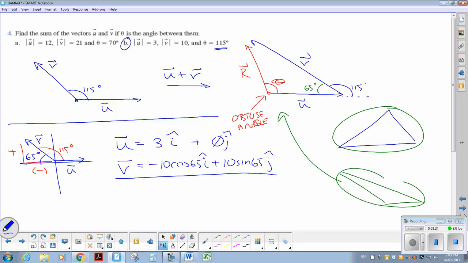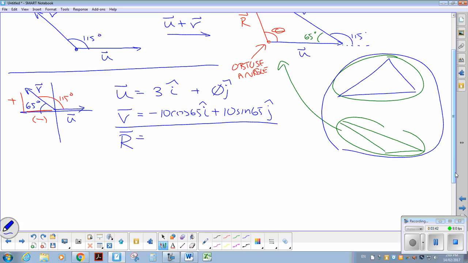And if you use that algebraic method, you never, ever, ever run into this situation here with an obtuse angle and the sine law, because the algebraic method just adds the components together and gives you a right angle triangle as the resultant. So just to work that through so you know what the right answer is, then we have 3 minus 10 cos 65.